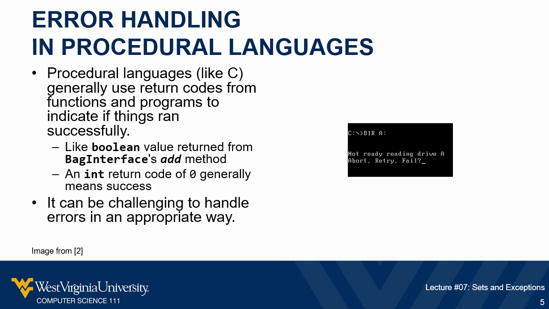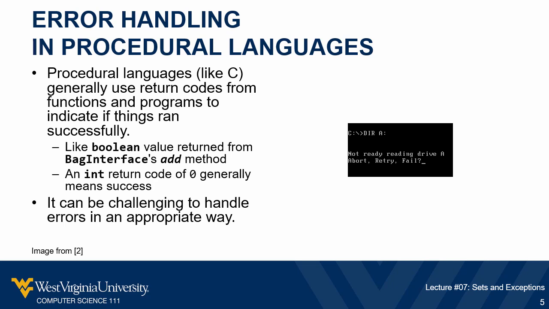But what normally happens when you're using a procedural language is that we communicate via return codes from methods to indicate if everything ran okay or if there was a problem. This might be a case of using a Boolean value like we had with the add method from our bag implementation that indicated whether or not the item was successfully added to the bag.